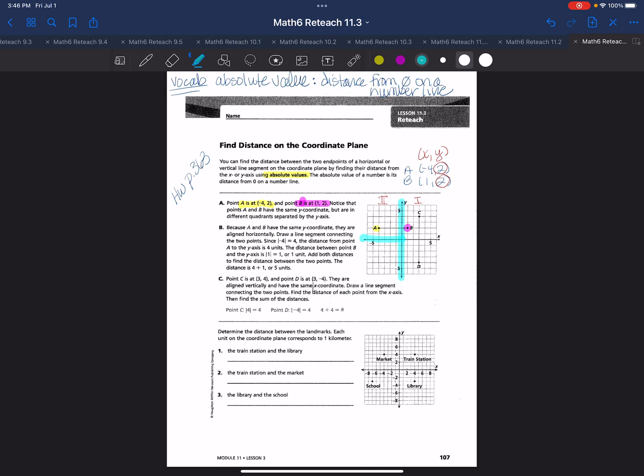And then here's your x-axis. So they're separated by a vertical number line, which is your y-axis. Because A and B have the same y coordinate, they are aligned horizontally. Draw a line segment connecting the 2 points. So then you would draw a line segment here, connecting those 2 points.